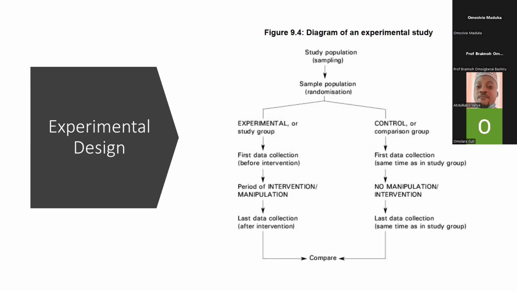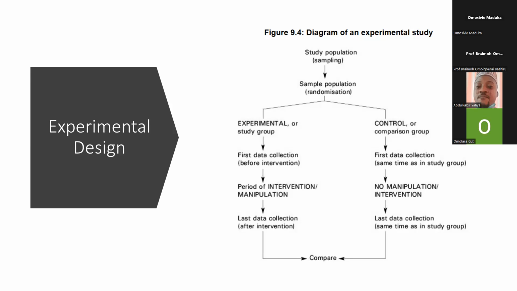So once you have your sample population, the number of persons you have in your sample population, you will need to use randomization. This is a true experimental study design now, a randomized control trial. You will need to use randomization techniques to allocate people, study participants or study subjects, to the experimental or interventional group, or to the control or comparison group.